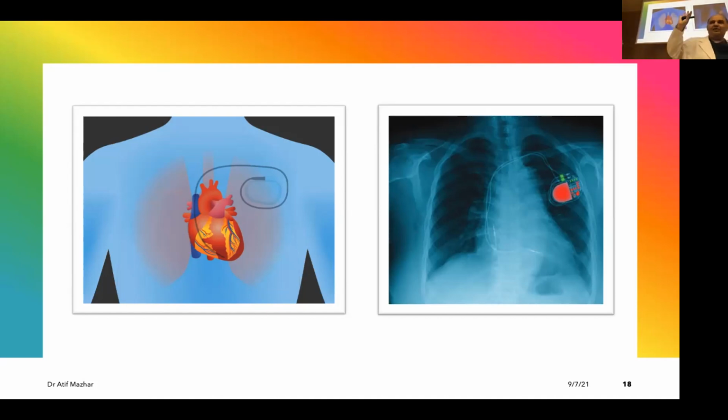It has quite a long battery life. It's not like you have to replace the cells. So it continually gives the impulses, and then everything is taken care of. This person has to live with the pacemaker for the rest of their life, whatever is remaining, until you are off.